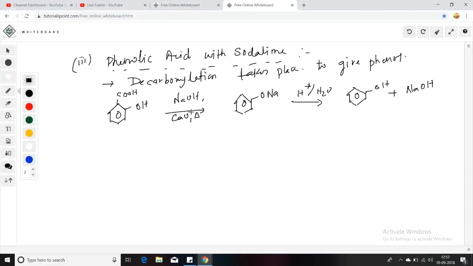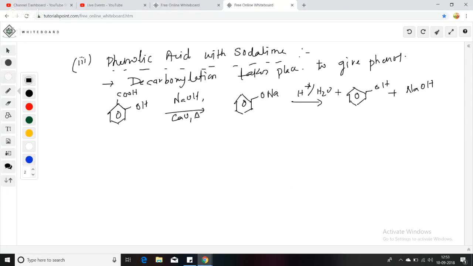Na2CO3 and CaCO3 also come out in this reaction. So NaOH and CaO give ONa, and then H plus. Whenever you have a phenoxide compound like this, you do acidic hydrolysis and you will get phenol. So this is again one of the methods we have.